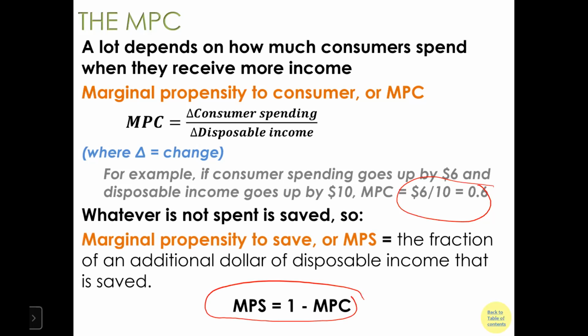So understand that. So let's just write your change in disposable income, okay? And it must equal change in consumption plus change in saving, right? Because for each dollar you have, you either consume or you save, right?